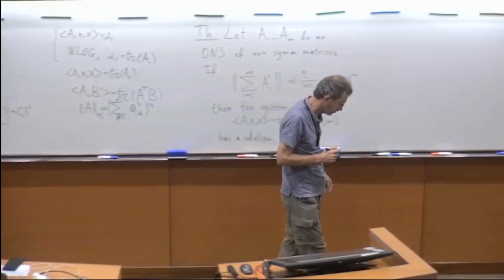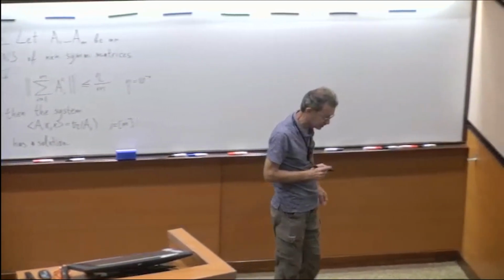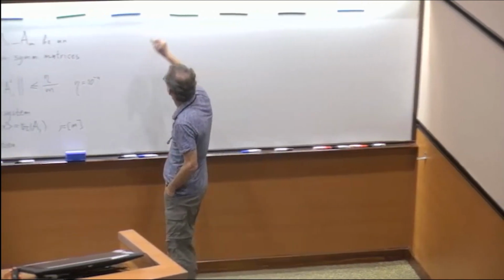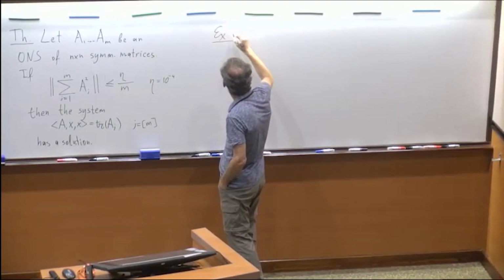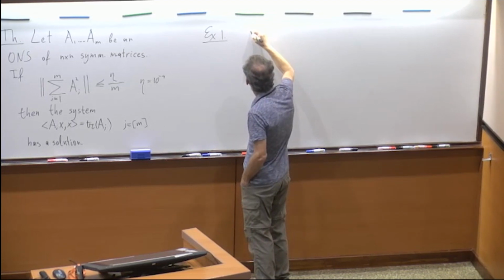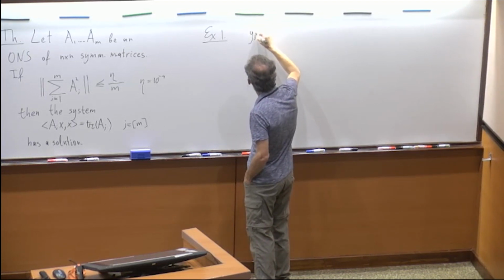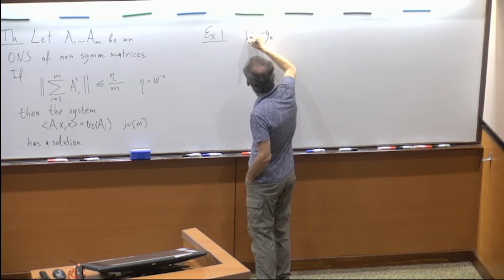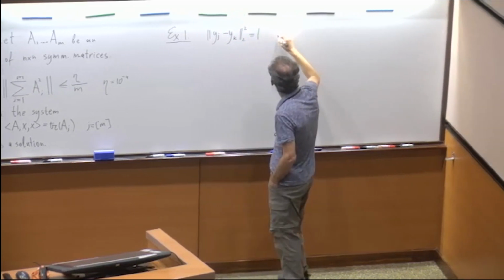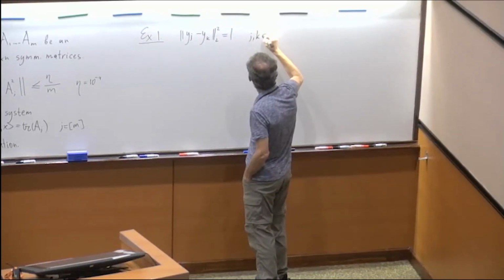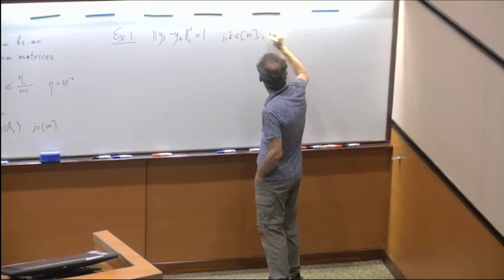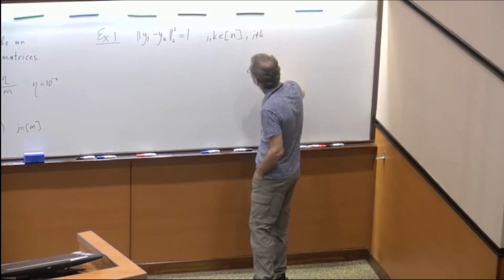And here we have a problem. This gap is basically non-existent. Let's consider a couple of examples. So let's consider a system, say, the Euclidean norm of yj minus yk, squared, equals 1 for j, k in, let's say, n, and j is different from k.